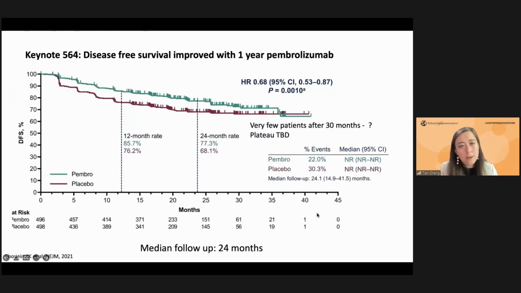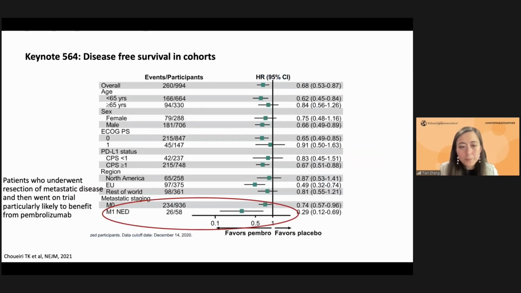So as we looked, the disease-free survival outcome was certainly improved with 1 year of pembrolizumab treatments. You'll see here both at 1 year as well as 2 years, patients are doing better in terms of preventing disease recurrence compared to patients who were treated with placebo.